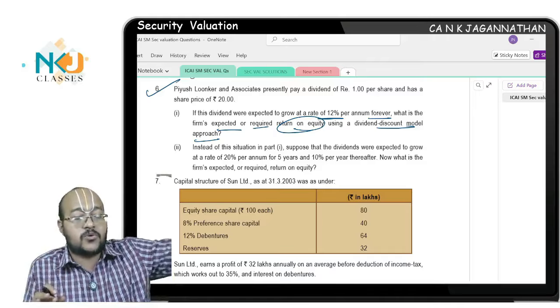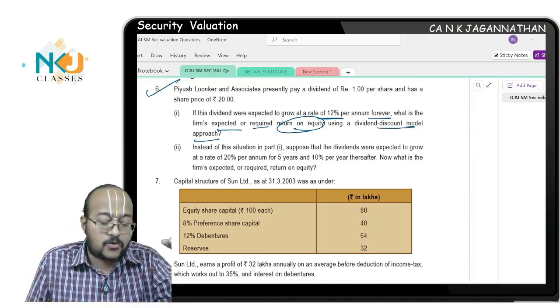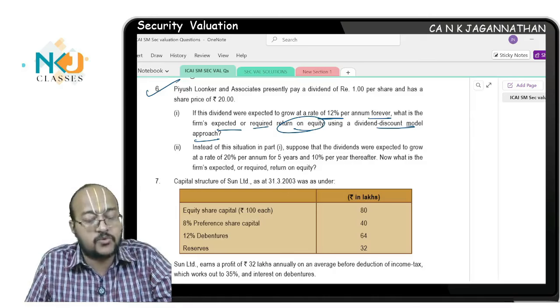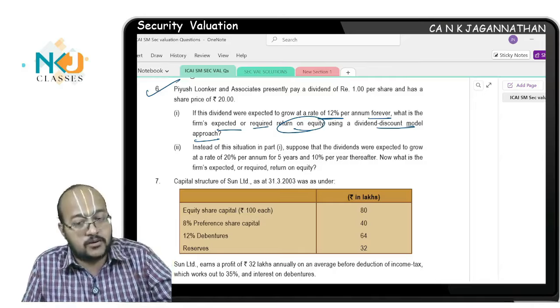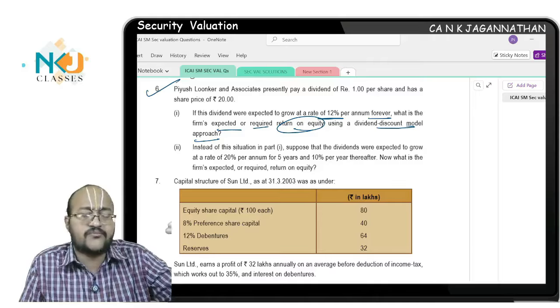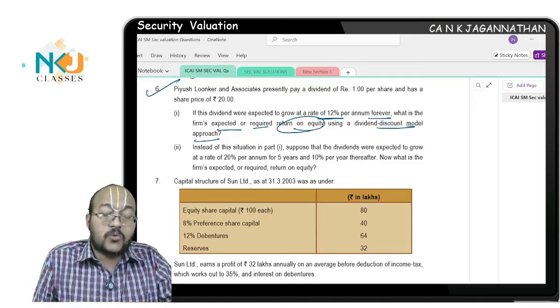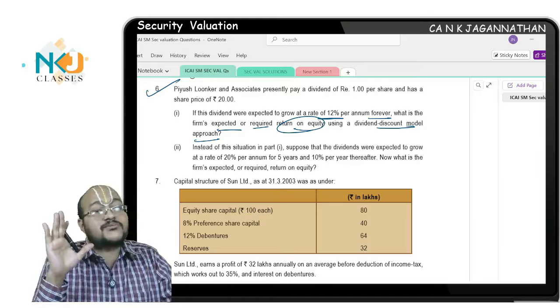But based on the risk perception, based on the risk of the securities, you will ask something over and above the expected return, or if you feel that it is less risky, you can also ask less return. But required rate of return will be the risk adjusted rate of return.